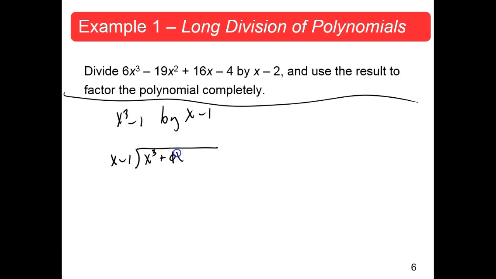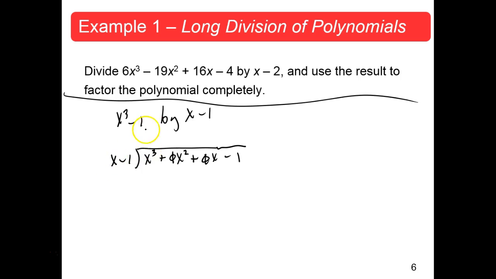A 0x squared. That's still 0, but you have to account for every term. See, this one you got 1, 0, you're fine. Here we don't, so we have to put it in. So what's next? 0x. You have to account for every term. And what's next? Minus 1. Perfect. Now you begin your division.